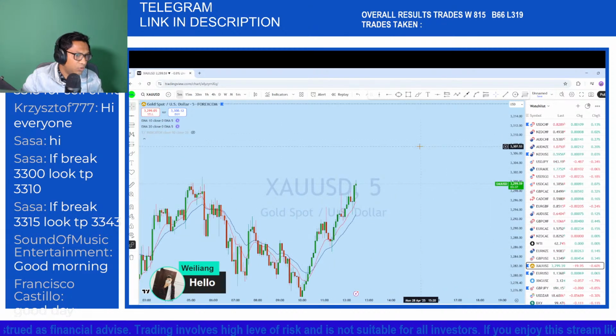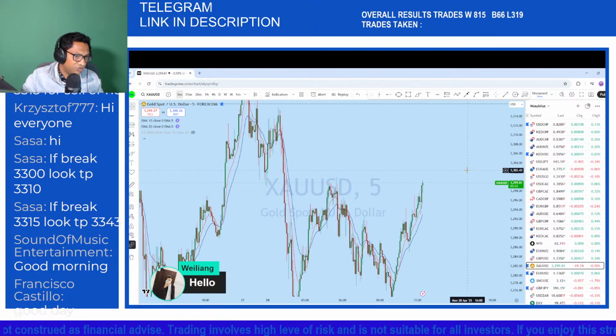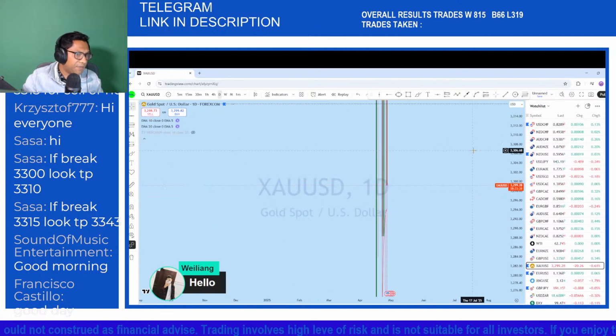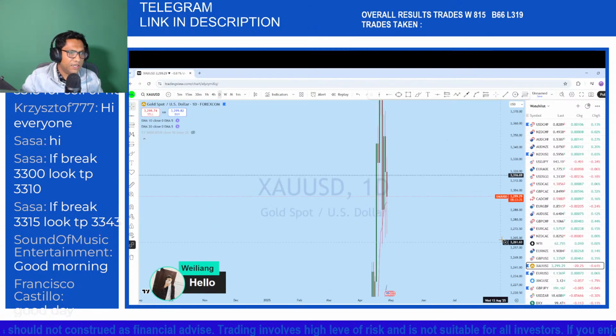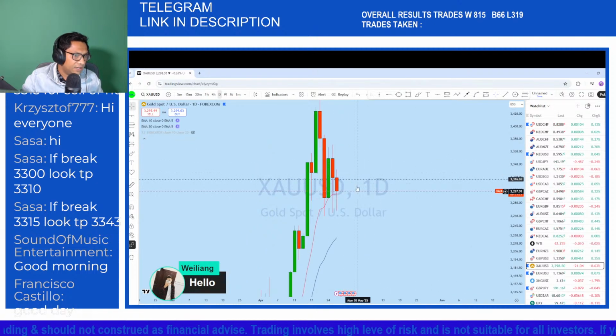So with that being said, waiting for a confirmation for any entry. At the moment it's bullish, but looking at the daily price action, this is the daily candlestick pattern so far. Once the market opened, it dropped back down.